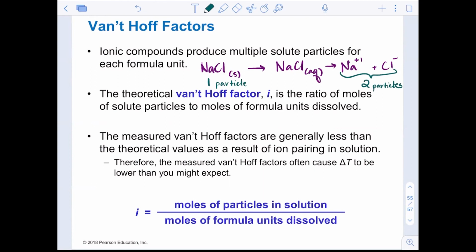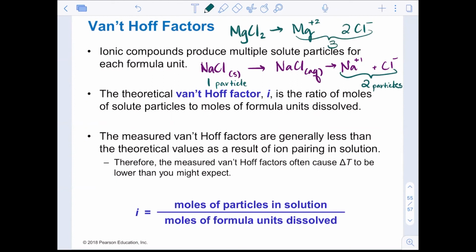If you have NaCl, you make Na+ and Cl-, that would be 2. If you had something like MgCl2, that forms a magnesium cation and 2 chloride anions. The Van 't Hoff factor is 3. That's how we would estimate the Van 't Hoff factor.